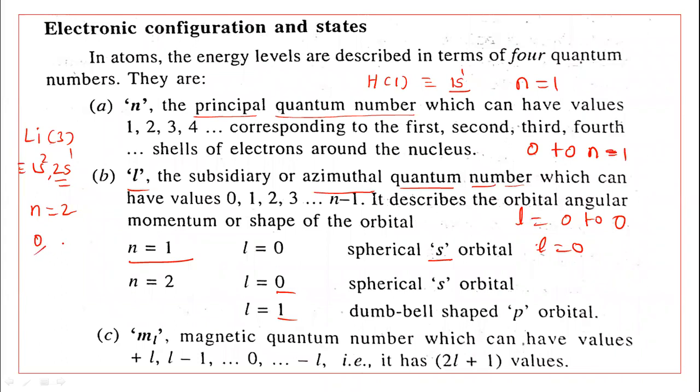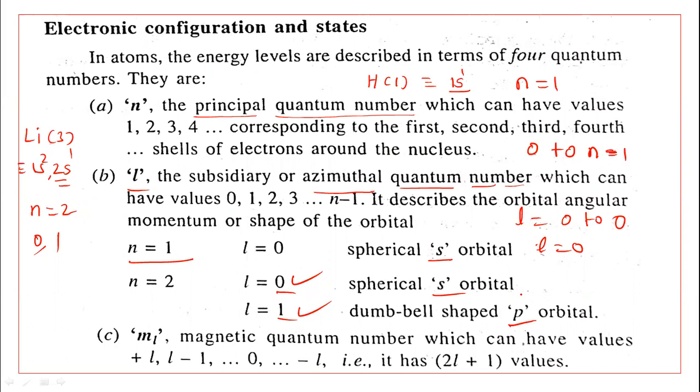Second, it is n minus 1, which means 2 minus 1, 1. So L equal to 0, L equal to 1. For L equal to 0, the electron is present in the s orbital, spherical. And for L equal to 1, the electron is present in the p orbital, dumbbell shaped. Thus the azimuthal quantum number describes the position of the electron in the orbital.